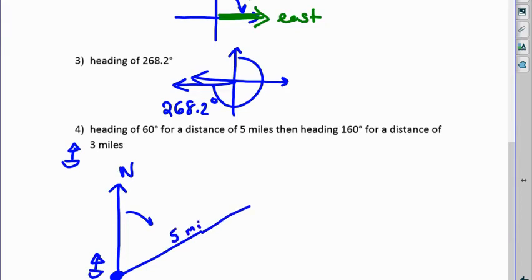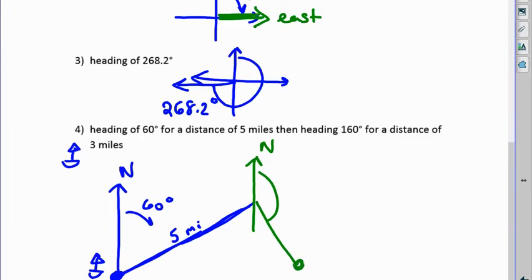They were at 60 degrees for 5 miles. And then at some point, the ship stops and the captain says, let's turn ourselves to a heading of 160 and continue on, little ship.